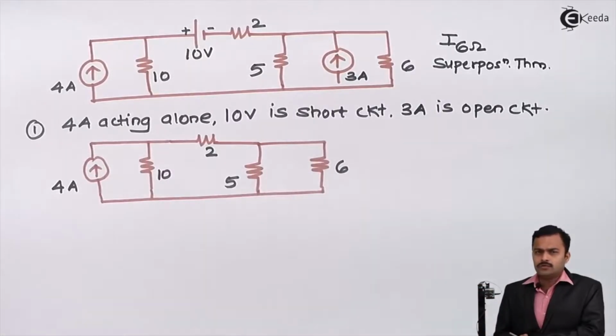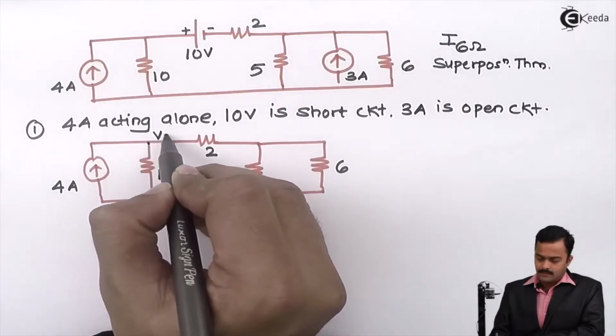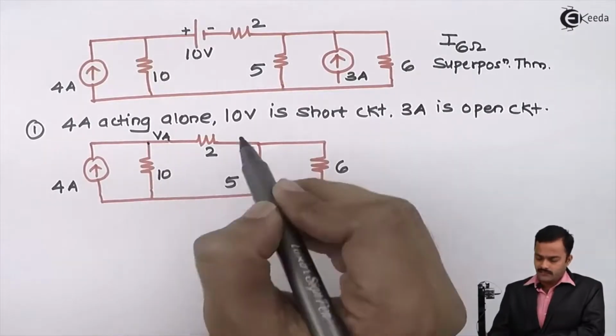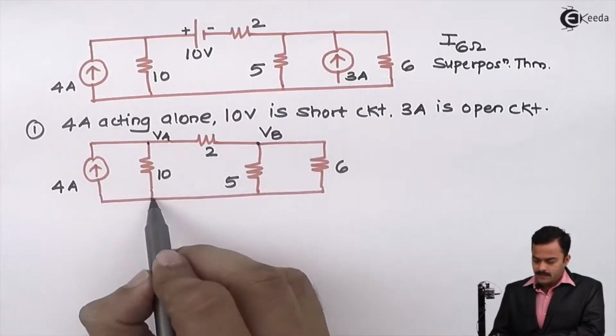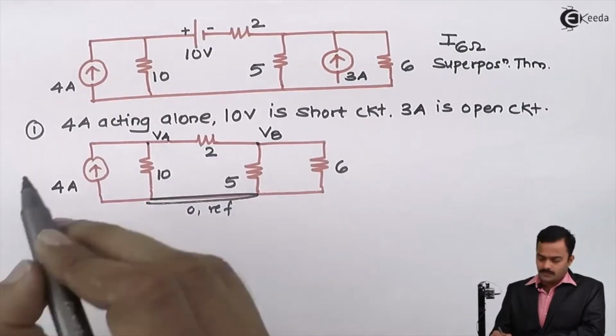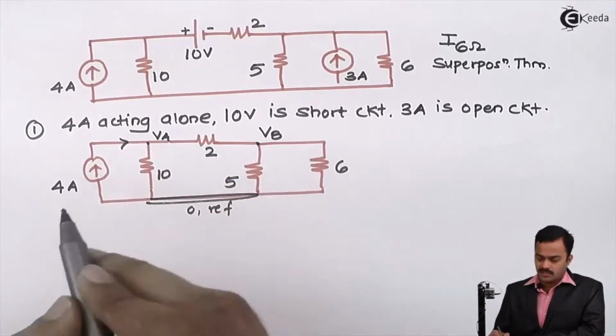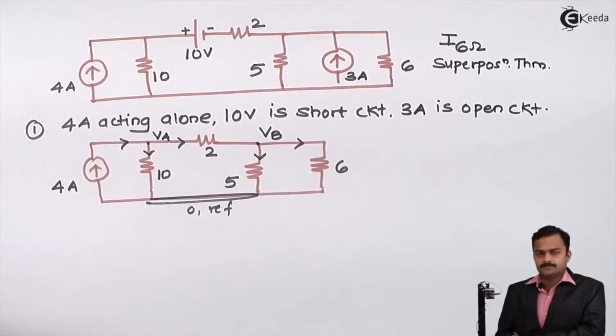So here I will use nodal analysis. Let's consider node A with potential VA, node B with potential VB, and this is the reference having potential 0. The current source has a fixed direction of current. The remaining directions I assume randomly.